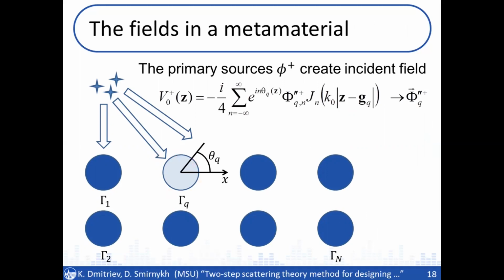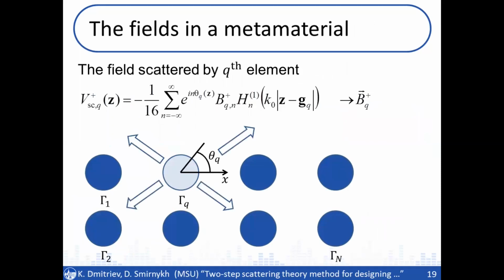The incident field can be expressed as a series of Bessel functions, like we did before for a single inhomogeneity. We introduce the vector phi double prime of expansion coefficients. The field scattered by the q element can be expressed as a series of Hankel functions. This also looks like the relations for a single inhomogeneity, and we introduce the vector b of expansion coefficients.